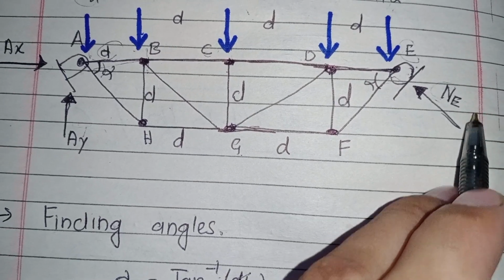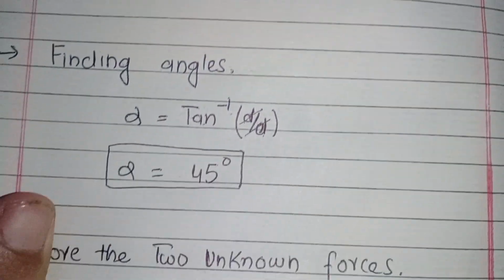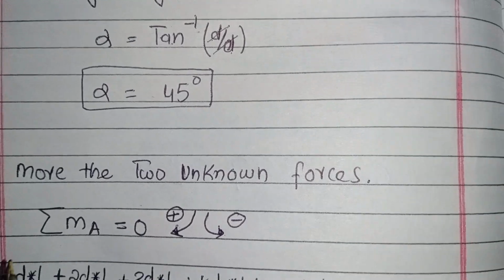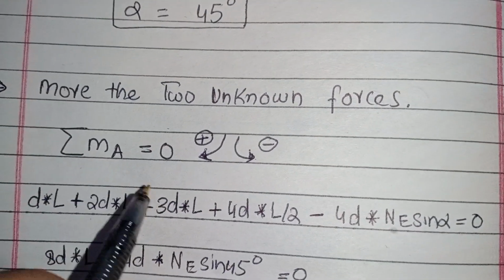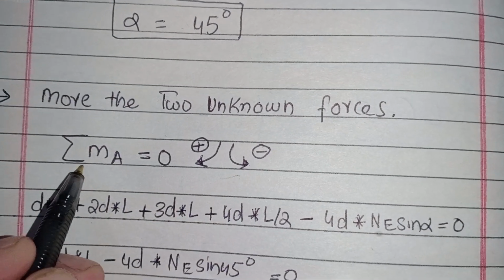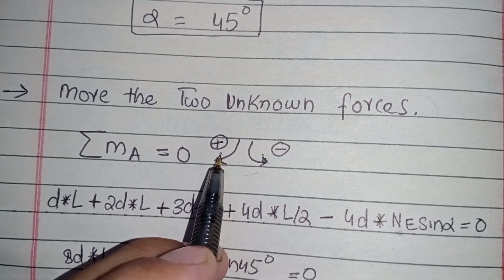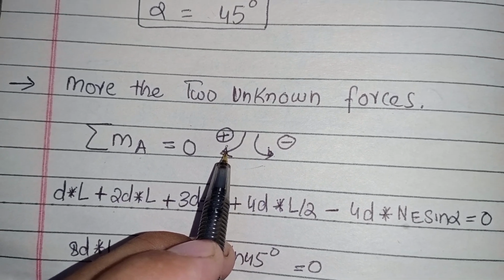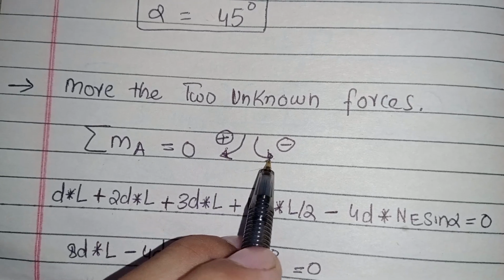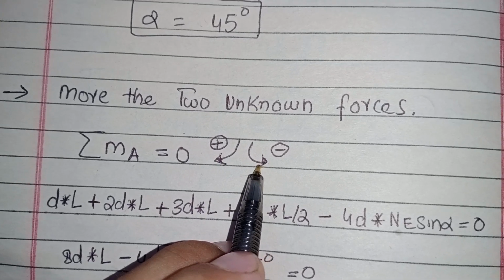First we draw the free body diagram, and the first equilibrium equation is summation of moment at point A equal to 0. Let's say clockwise rotation is positive and anti-clockwise rotation is negative.